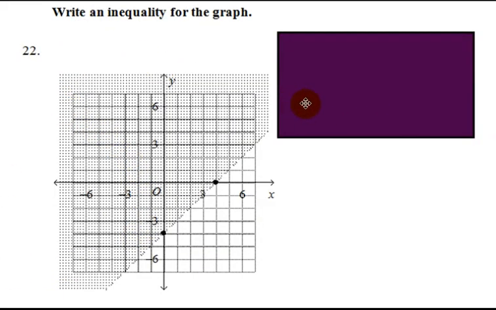22 says, write an inequality for the graph. Now we're reversing the process. They're giving us a graph and we have to write the inequality. Well, it looks like a dashed line here. And so I'm going to say y equals mx plus b, right?